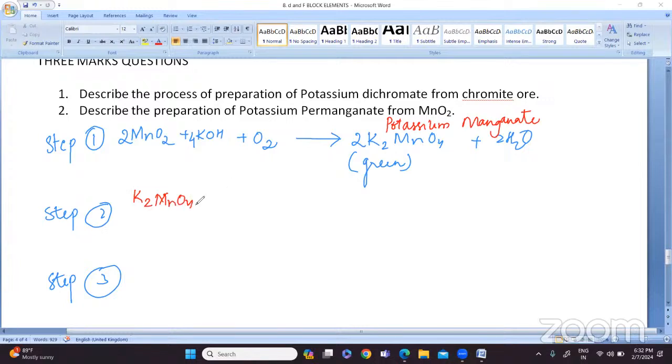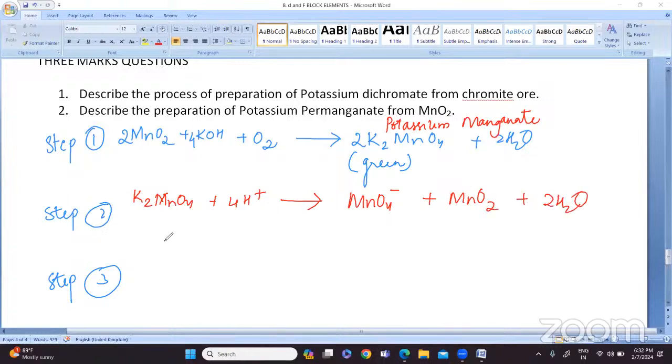Further, we are treating K2MnO4 with sulfuric acid, an acidic solution, and we get potassium permanganate: MnO4 minus plus MnO2 plus 2H2O.